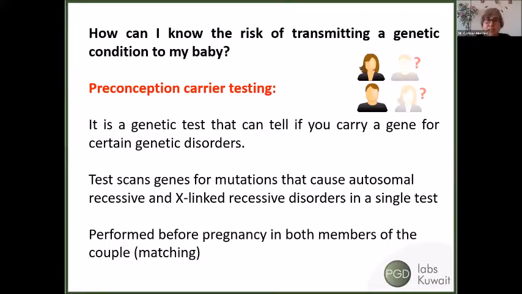This test is very important, especially, as I told you, in consanguineous couples, which are very frequent in some populations, like here in the Middle East, and also in couples sharing the same ethnic background. This test can help us identify if this couple is at risk of having a child affected by a recessive or an X-linked recessive disease.